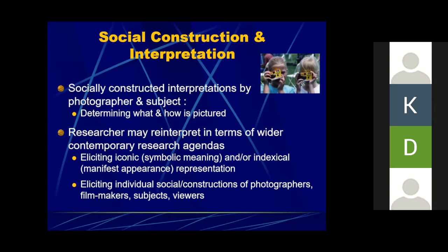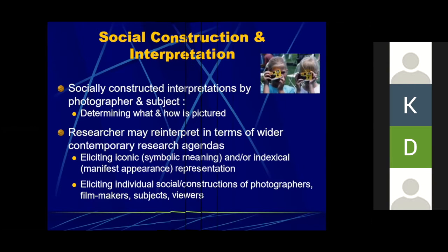And then, of course, there's another layer of interpretation which we as researchers may apply when we're looking at what got produced, either looking at iconic meanings or indexical meanings. But also we can go and talk to other people about how they interpret the photographs. Now, they may have been people who were a subject of the photograph, or they may be people who had nothing to do with it.